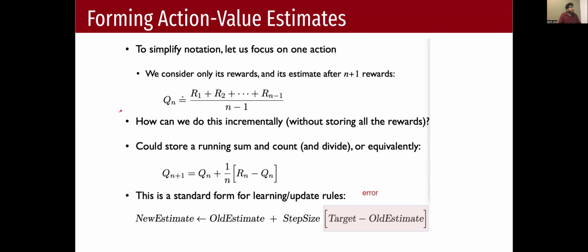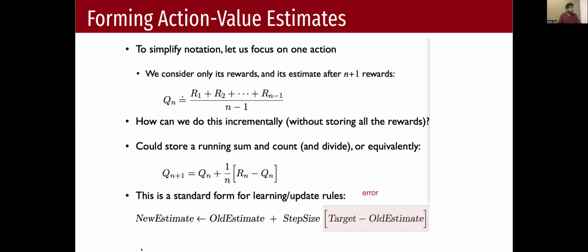Here you can see, we consider only its reward and its estimate after n plus 1 rewards.